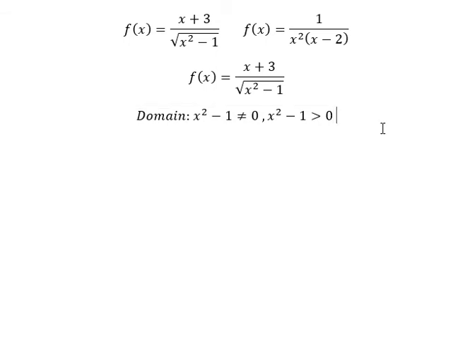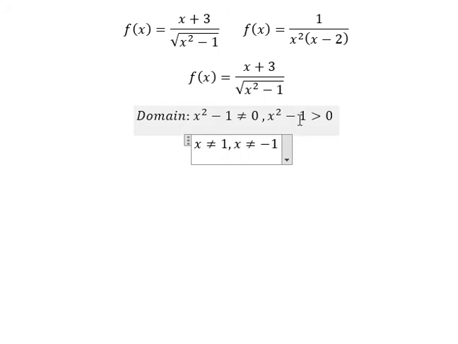If we calculate, we can see that x cannot equal 1 and x cannot equal negative 1, because if we put 1 in here, you get 1 minus 1, which is 0. That's the reason why we cannot put 1 and negative 1.